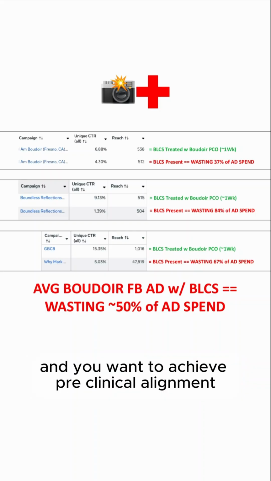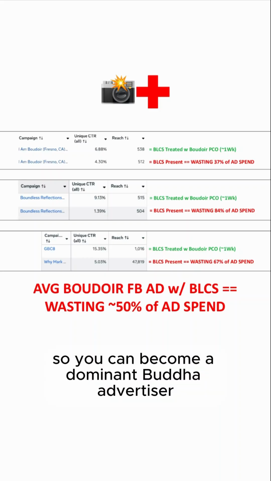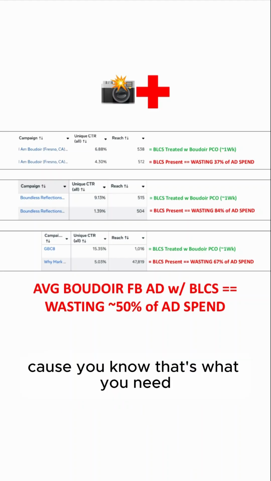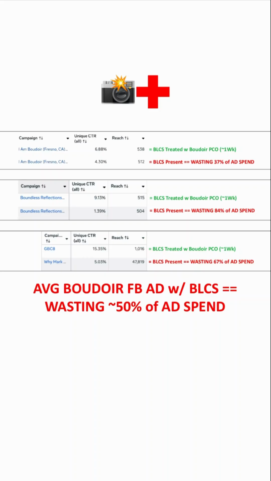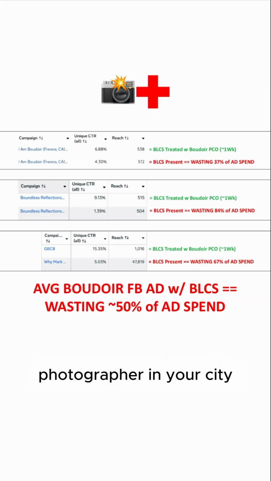And you want to achieve pre-click alignment, so you can become a dominant Boudoir advertiser with Boudoir Brain Entry Boost, because that's what you need on your path to become a #1 boudoir photographer in your city.